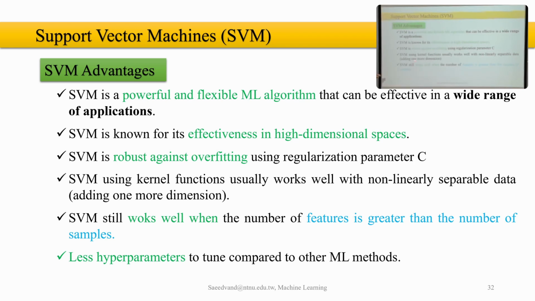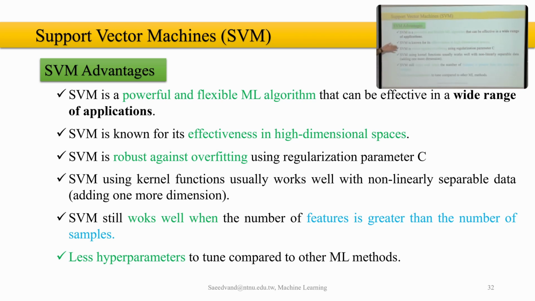SVM still works well when the number of features is greater than the number of samples. In some problems, your feature space is bigger than the samples that you have. Your data is less and you have lots of features. SVM works pretty well there. And we still have fewer hyperparameters to tune compared to other machine learning techniques.